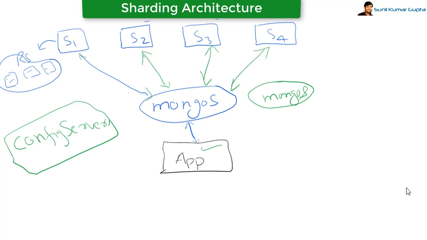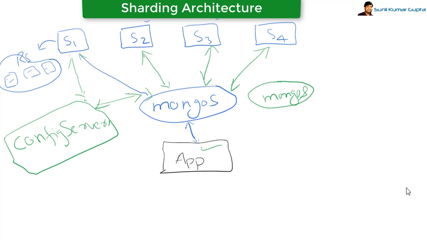MongoS can go to the router and to the different shards as well. So it can have all the configuration inside the config server. The app server will go to the MongoS, MongoS will go to the config servers and get the details, and then it will communicate to the shards.